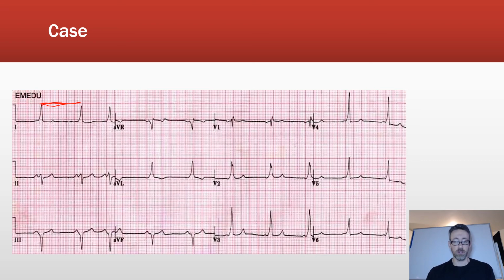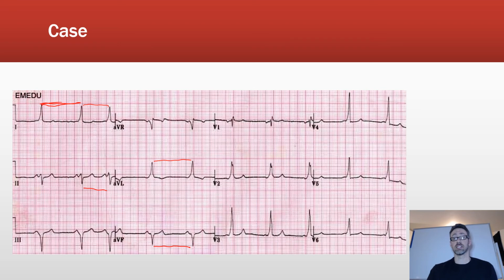So if we look at the rhythm, there's no real rhythm strip here to use. So I have to use the leads that I do have just to see if the rhythm holds steady. And actually, if you're looking at some of these other leads, those are all about the same. But it looks like I have a little deviation even within the same lead right here, where it's about 3.5 boxes.